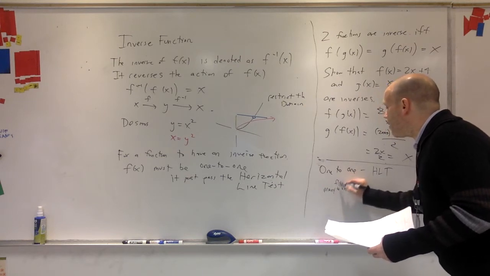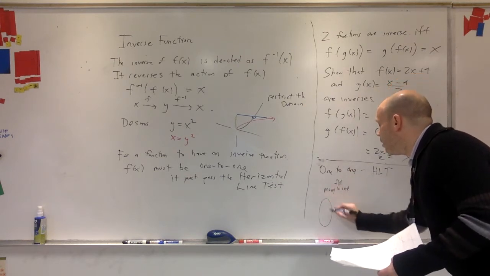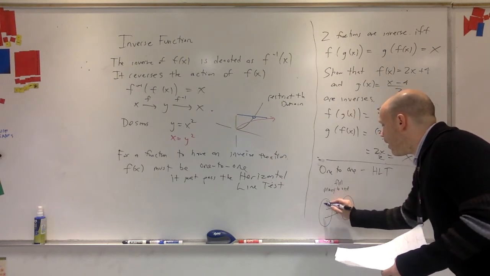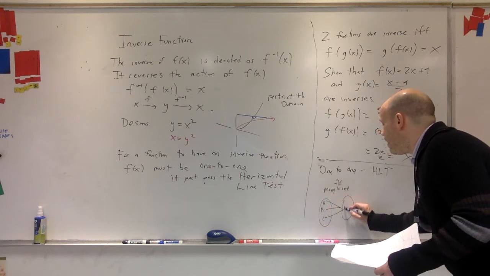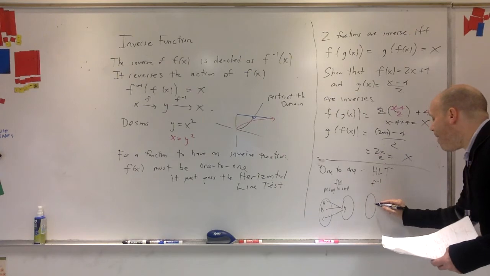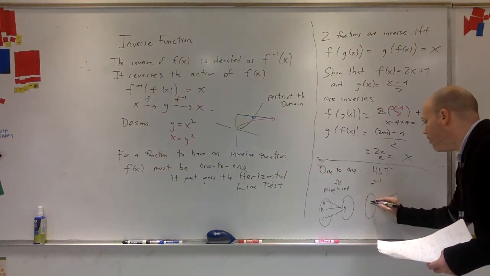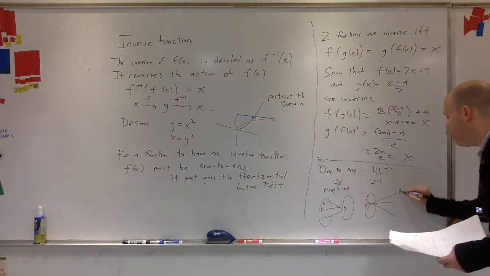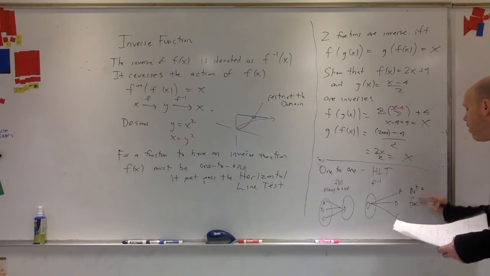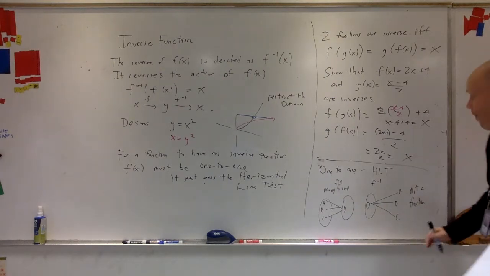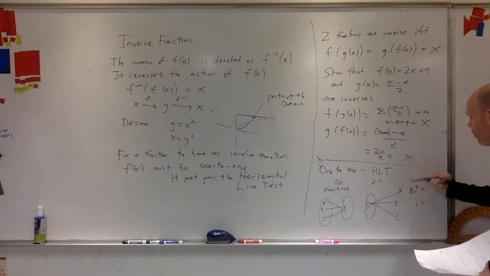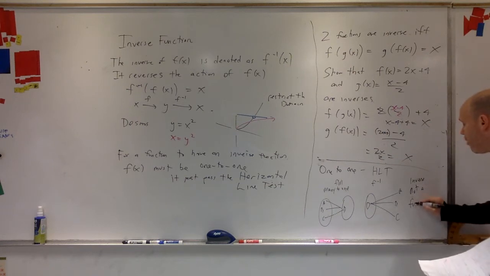So if f of x is many to one, like A, B, C, and D, but if the inverse is one to many, so this is not a function. Not a function. So the inverse is not a function.